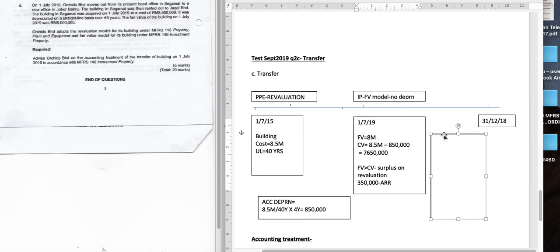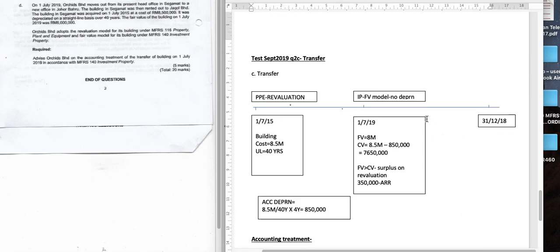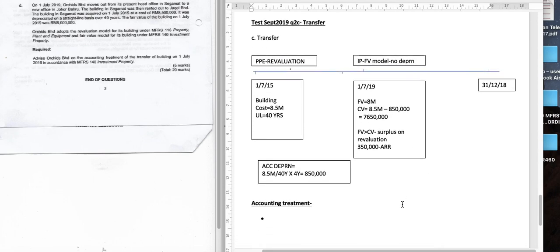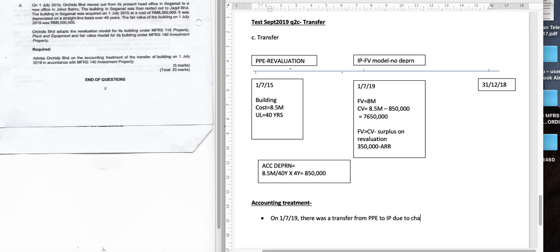We don't calculate the depreciation, and in fact the question asks only for 1st July 19. Okay, so the accounting treatment on 1st July, we would say on 1st July 19 there was a transfer from PPE to IP due to change of use from office use to rented.